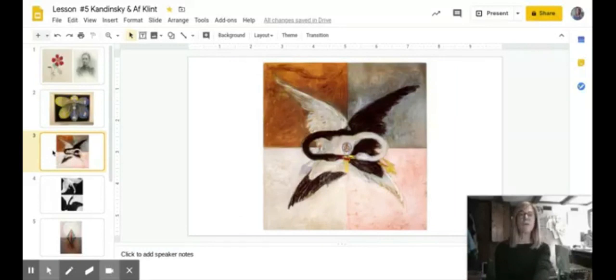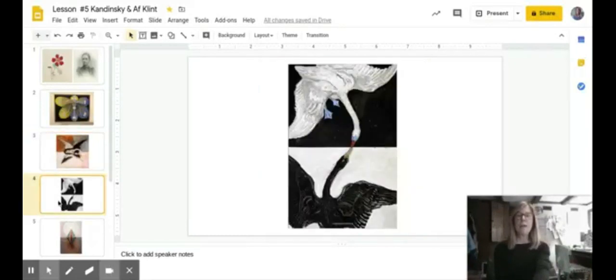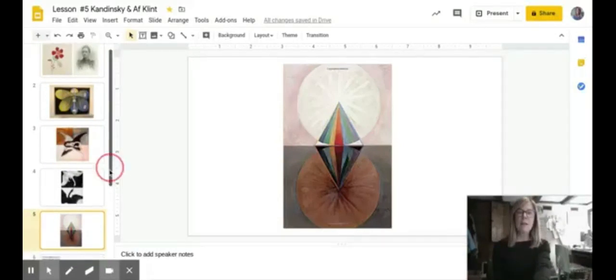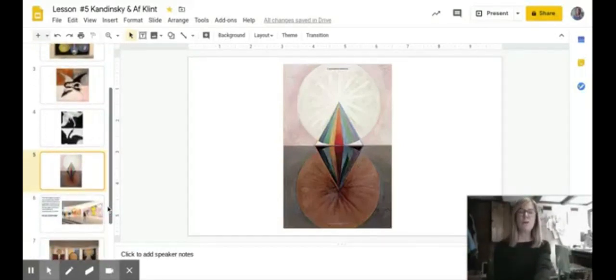This is a whole series of swan drawings that she created. Here's another one. But nobody was doing work like this. Nobody was doing these large-scale paintings of color and abstraction and forms.